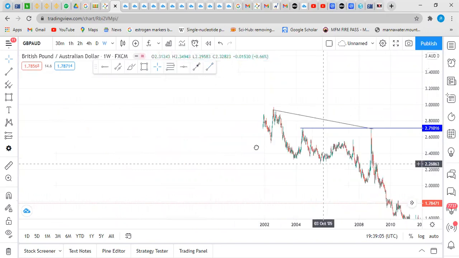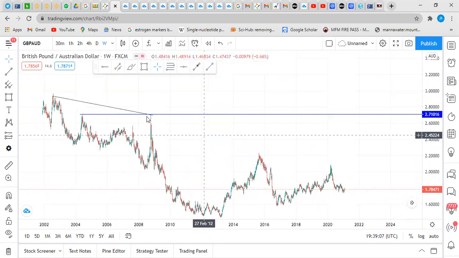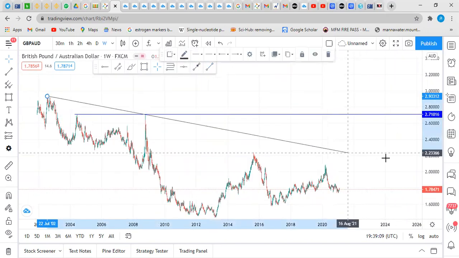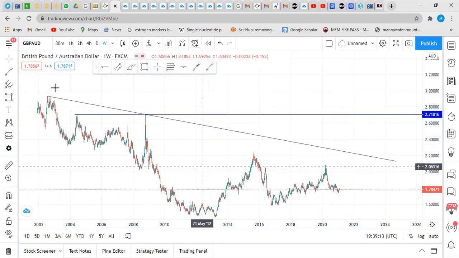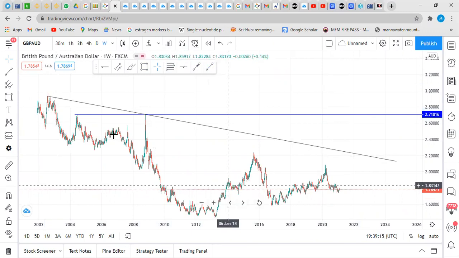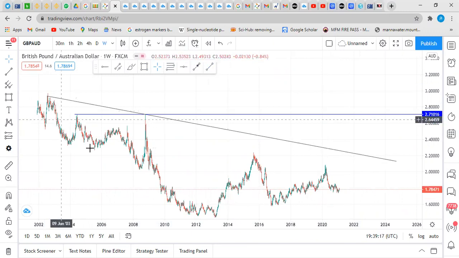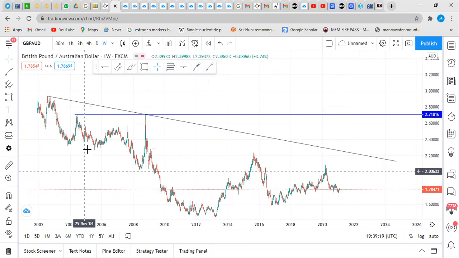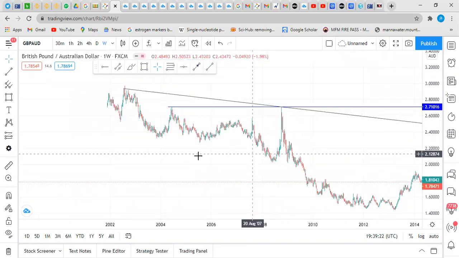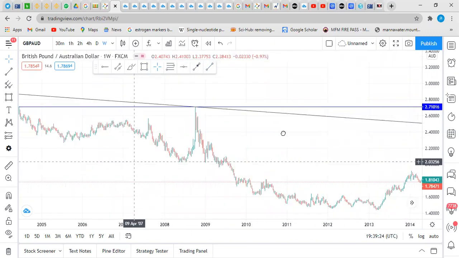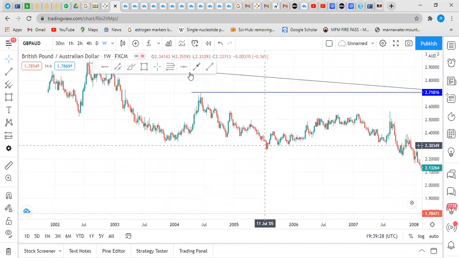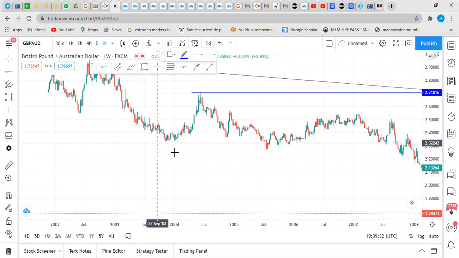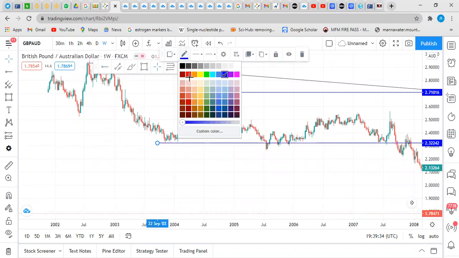So I'm zooming. So that is the bigger picture, the big trend. And don't forget this. This was our support. And we had a pullback, so I'll be changing the color.